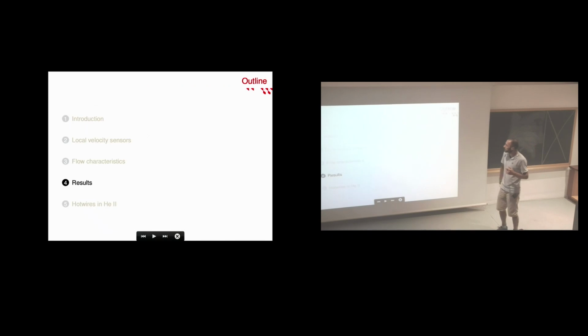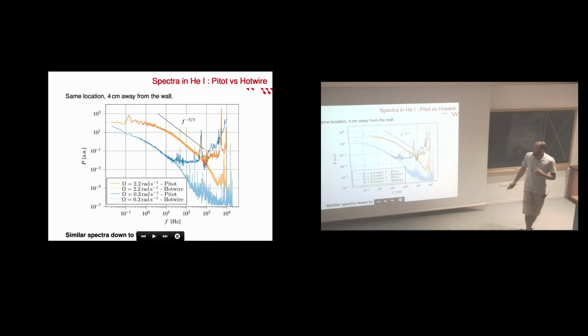Now let's come to the results. So again, in Helium-1, we can compare our sensors to make sure they work well. This is a comparison at quite low velocity and high velocity of the hot wire signal. As I said, it has a much larger dynamic sensitivity.